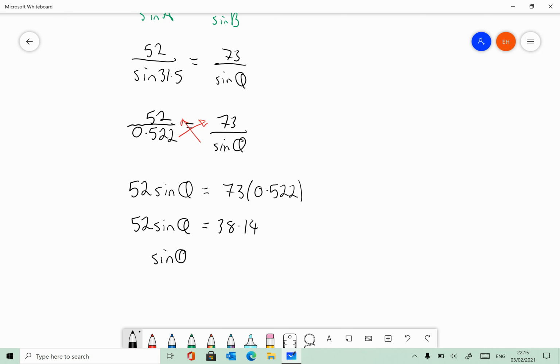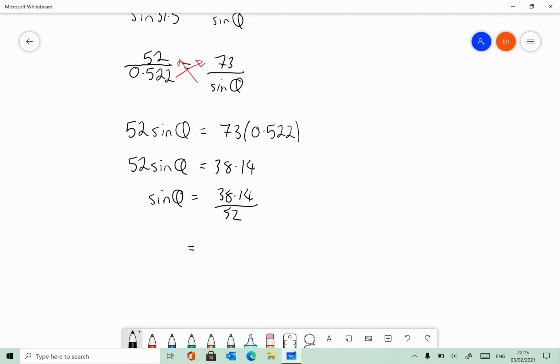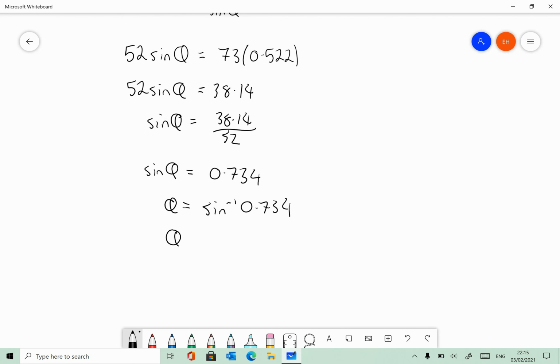So sine theta by itself must equal 38.14 divided by 52. So that's equal to 0.734. Sine theta. So theta by itself must equal sine inverse of 0.734. So theta must equal 47.18 degrees.